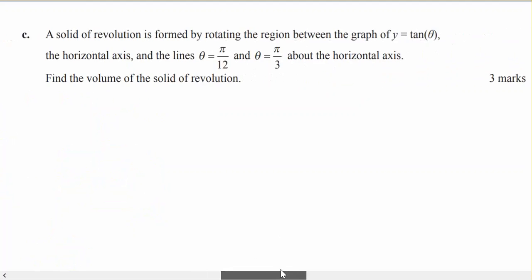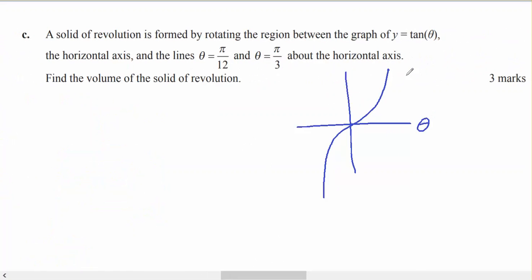And then lastly, the solid of revolution. So I've got tan of theta, and I'm rotating it between pi on 12 and pi on 3, and this is my region, and it's being rotated about the horizontal axis.